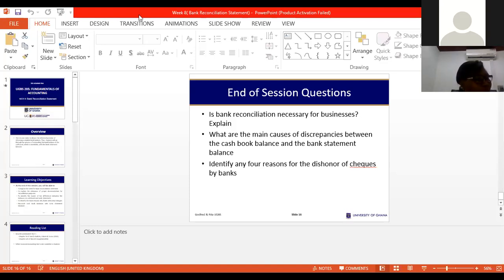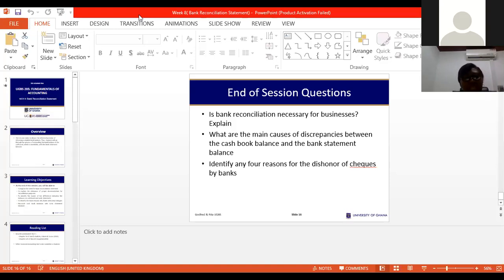In the cash book, we also have a bank column. Let's recall the 3-column cash book, where we have a column for bank transactions, and so we are recording our bank transactions. The bank also has an account in the name of the business, and it's also doing its own recording.